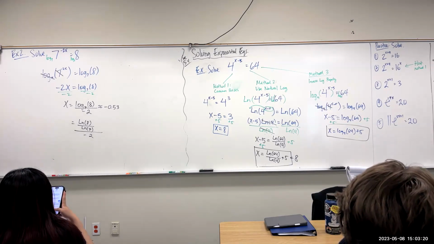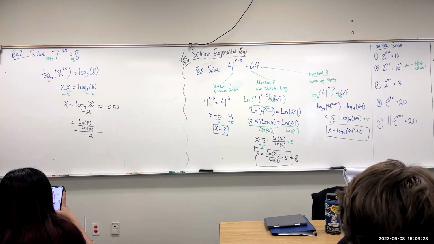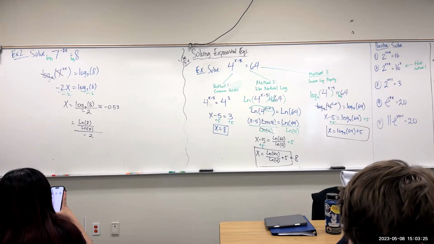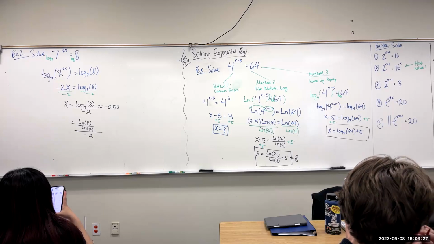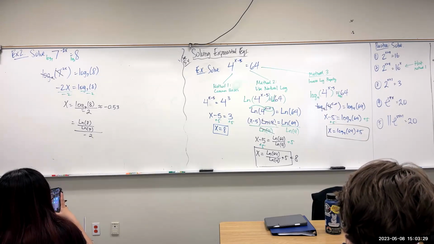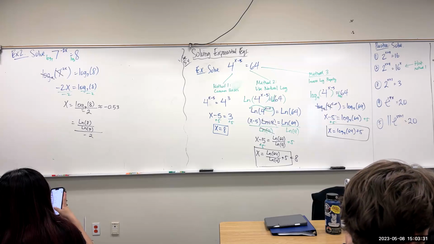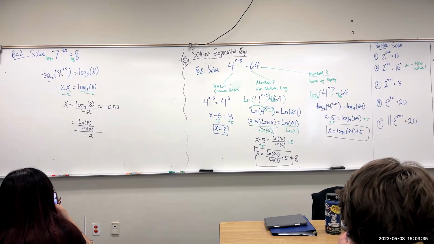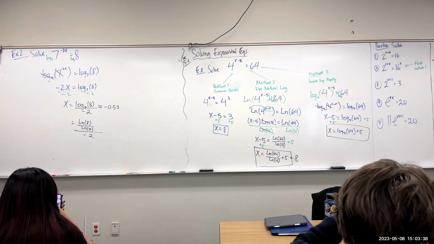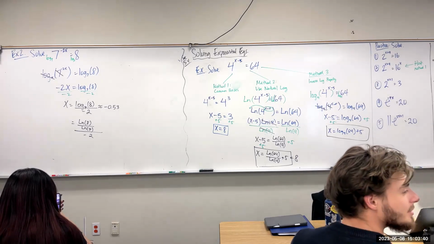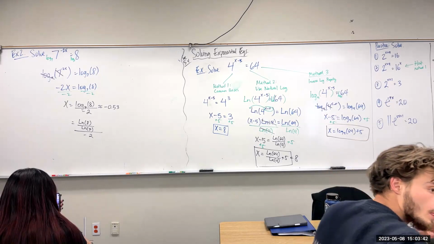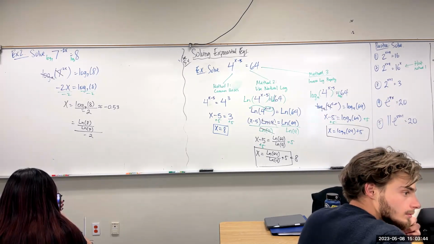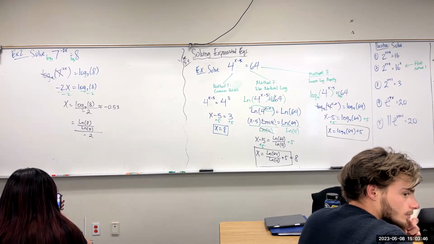Yeah, but you have to get this. Now we can use it like that. But how would you do it? Which question? Two. It's to the power of 4, to the power of 4 times x.